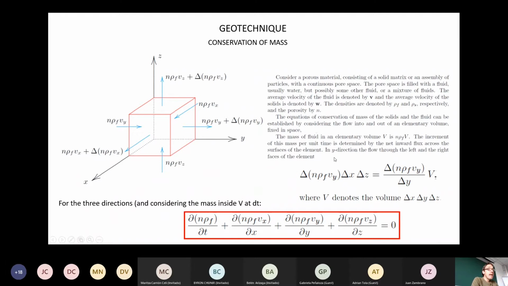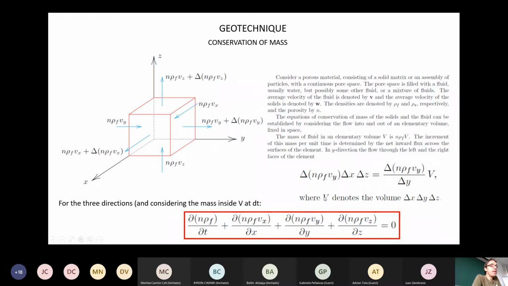So, for example, as I said, we can write the conservation of mass in the y direction, and we have here delta n rho f times vy times delta x and delta z, that is, of course, equal to this part, as we said, because this is the volume of our element.